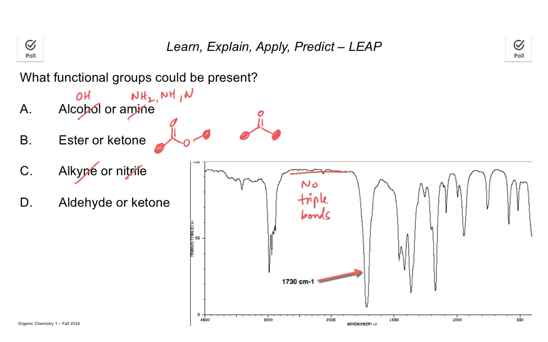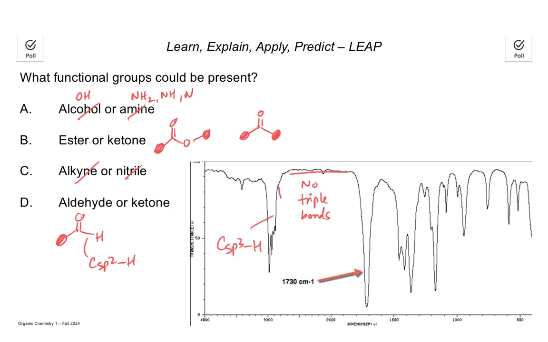And so we have D, which is aldehyde or ketone, and we see ketone is the same in both B and D. So we need to look at the IR to eliminate ester or aldehyde. An aldehyde has the carbonyl with that H, so Csp2-H. And from our last discussion, that has a unique signature that falls below the normal Csp3-H stretch.